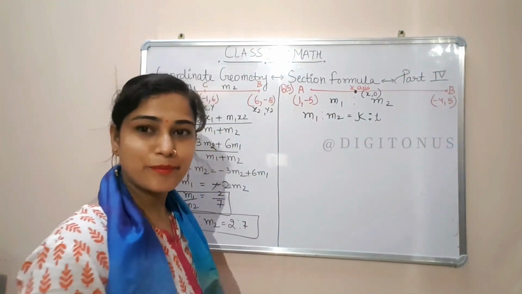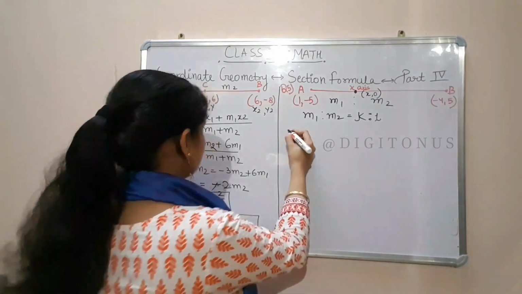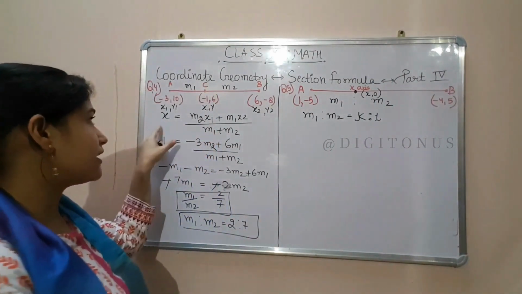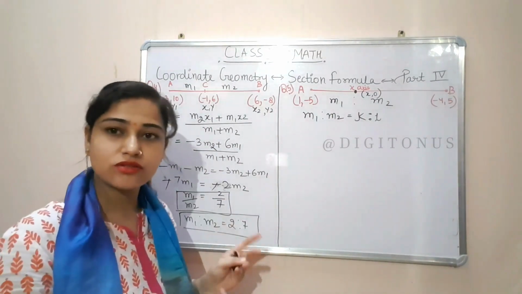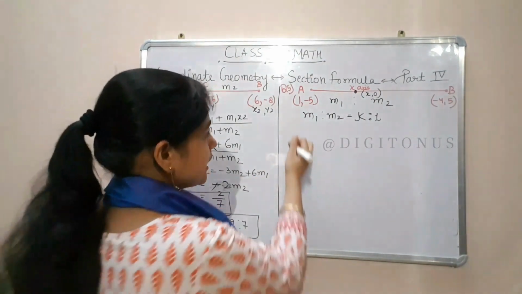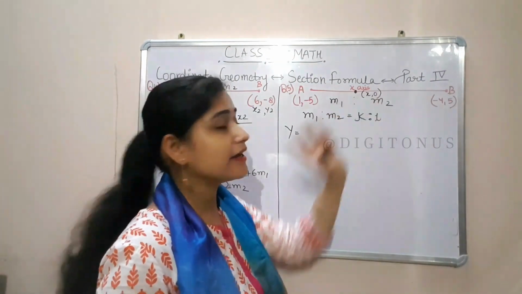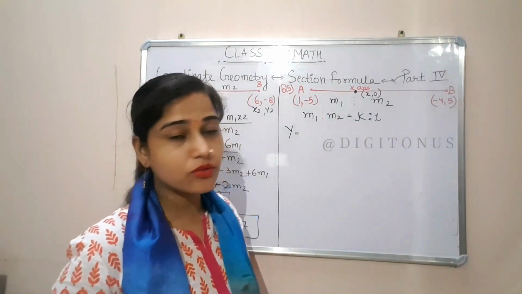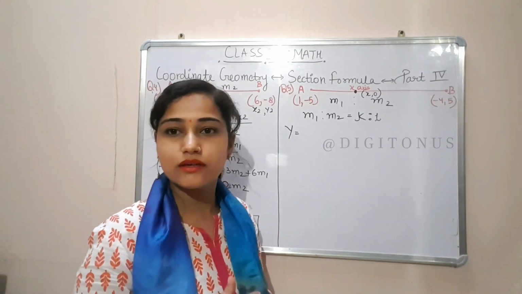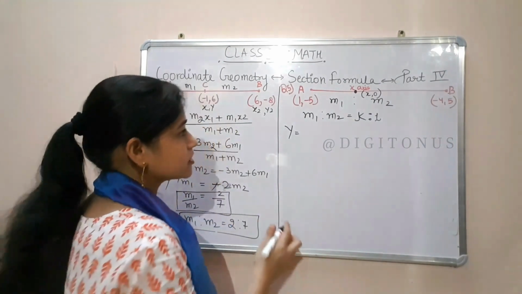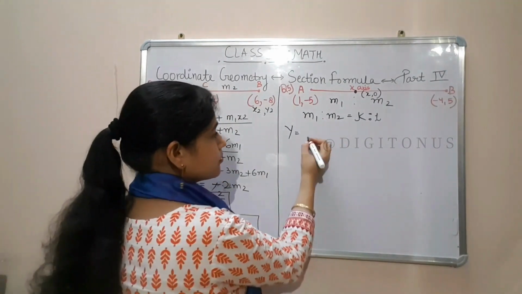So let's start applying the formula. Here also I was saying to you that you can apply for first for x also and for y also. So here I want to apply first for y. Why? Because y coordinate point value we already know, so it will be easier for us to find out the value of m1 ratio m2. So start putting the values.